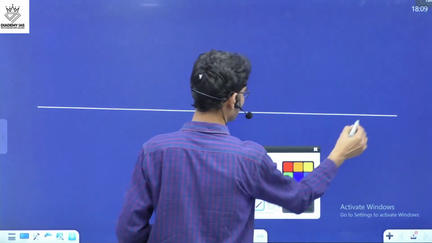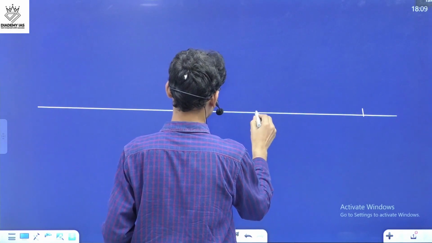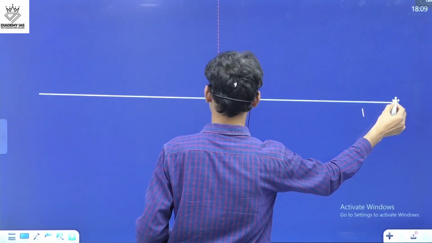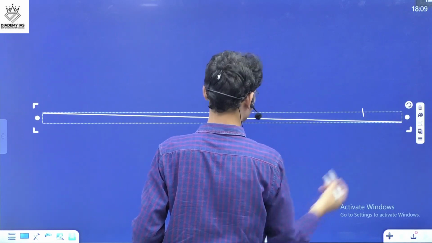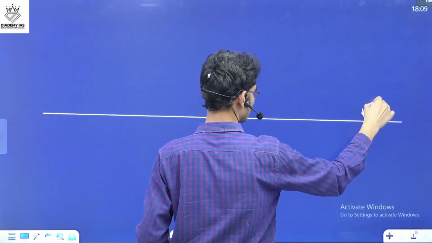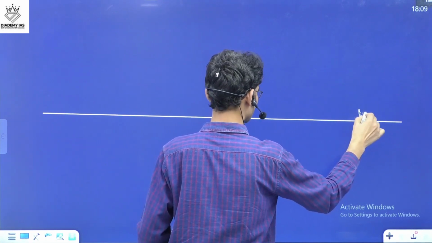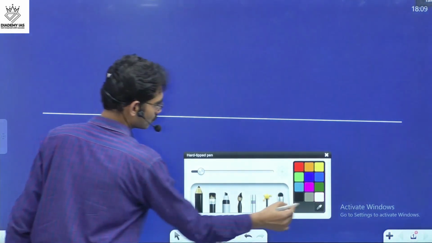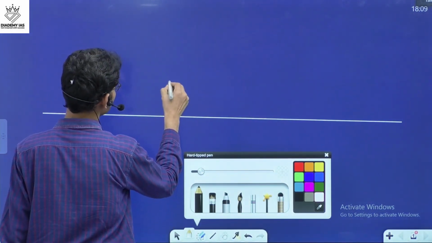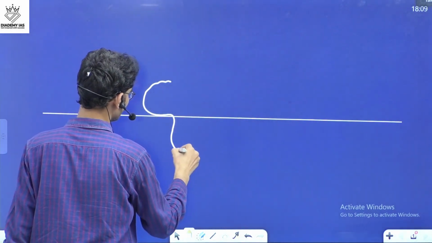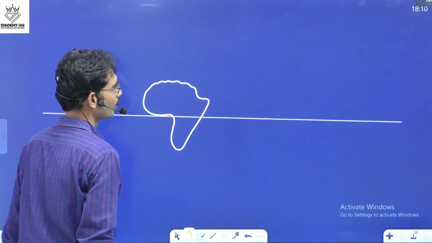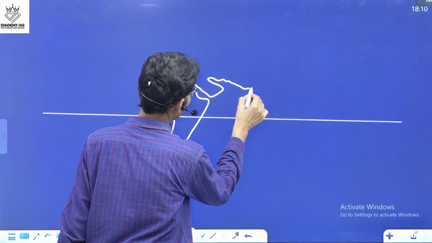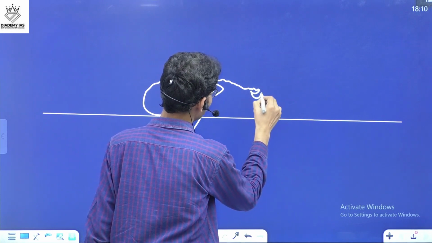Now from there, draw Africa and Saudi Arabia, and here India will come.